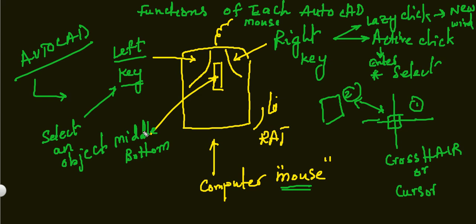So we want to summarize this video. Left click, select an object. Right click, there are two options. One is the lazy click. Lazy click means you press this key and you don't leave it, and slowly leave it. That's called lazy. And the active is you just touch it.